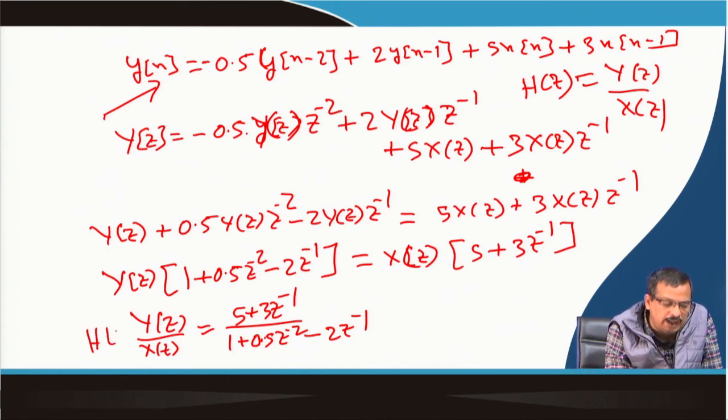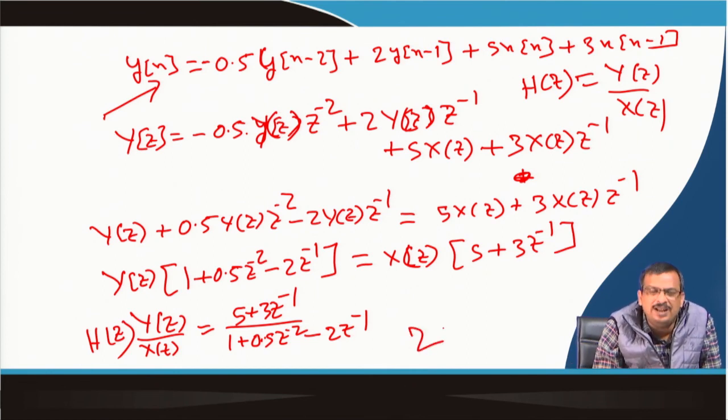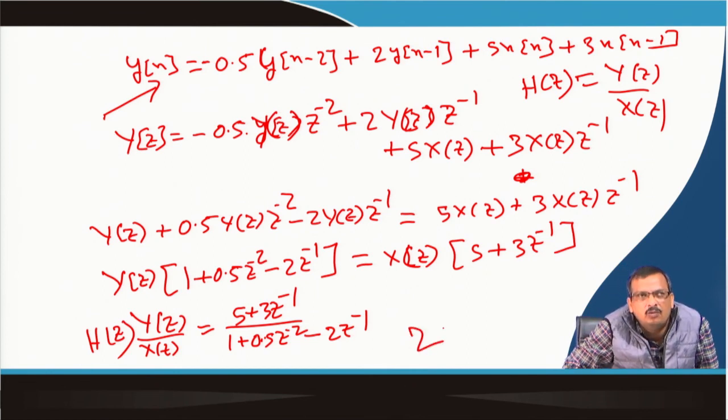Now, if I say how many poles are there? 2. How many zeros are there? 1. I can make it positive also. If I want to make it positive, I multiply by z square both sides, upper and lower both.